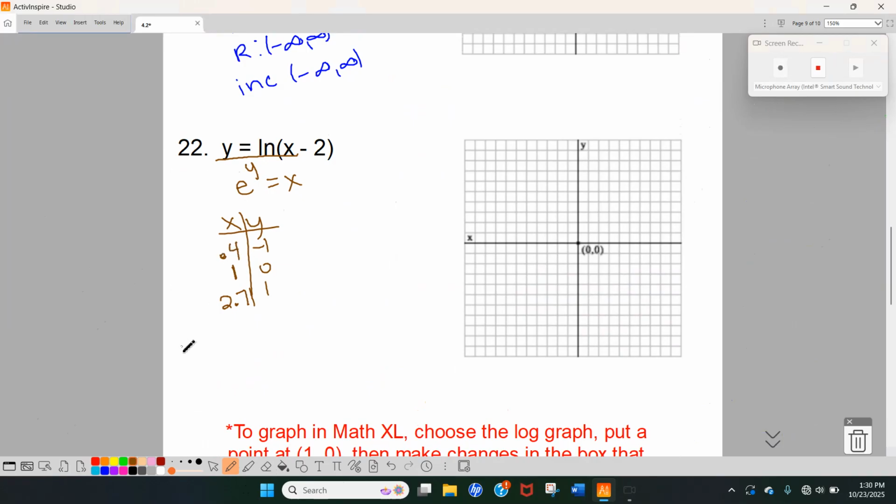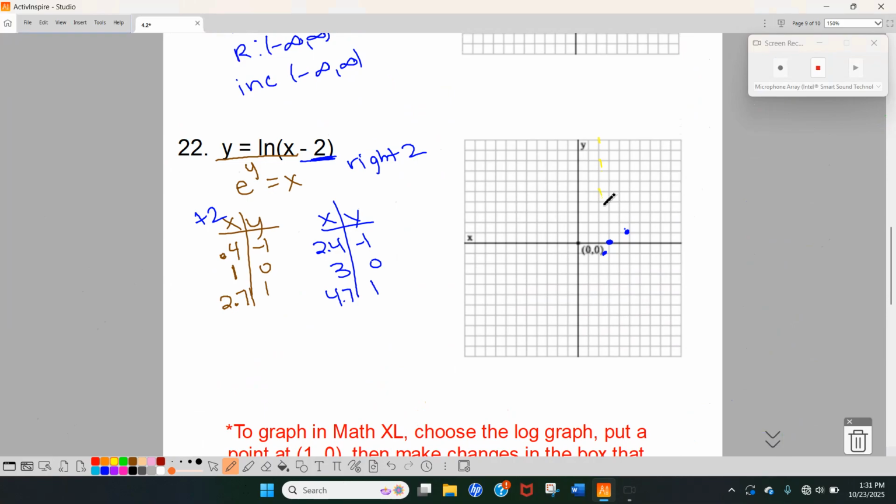All right, so we are going to make the change. Remember, if it's on the inside, it goes left or right, and it does the opposite of what you think. So that means we're going to add 2 to our x's to get the table we're going to plot. So it'll be 2.4, -1, 3, 0, and 4.71. If we shift everything to the right 2, that means we're also shifting this asymptote that was the x-axis.